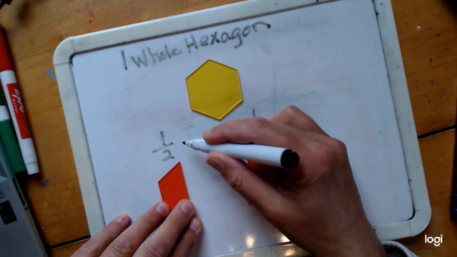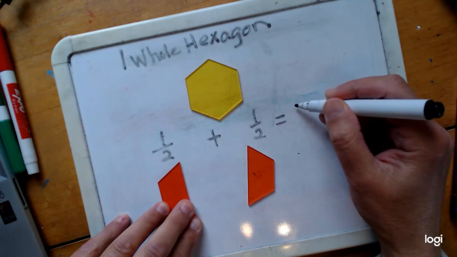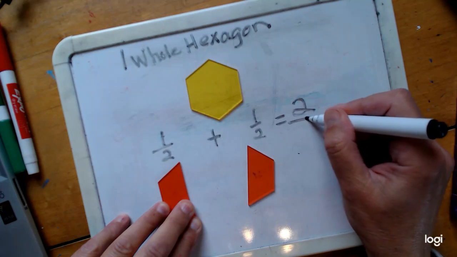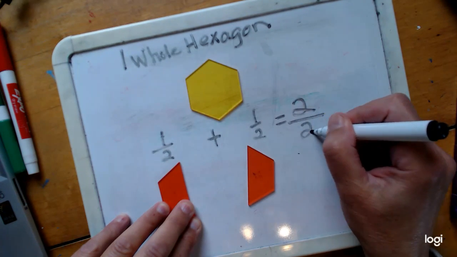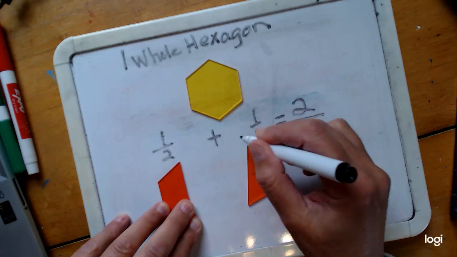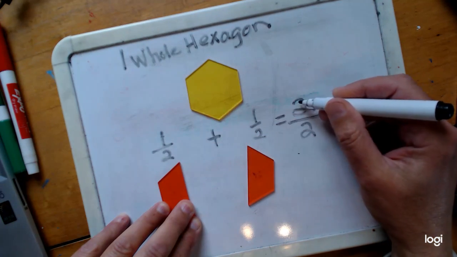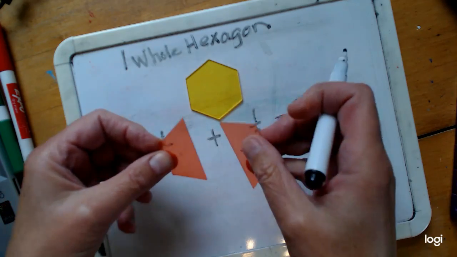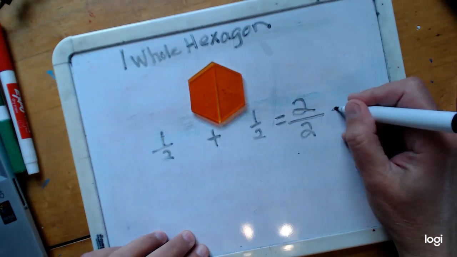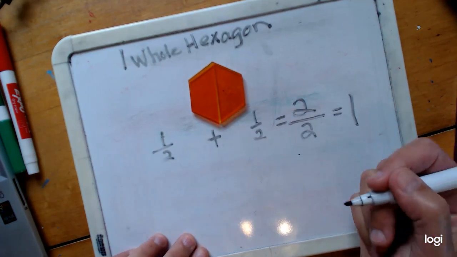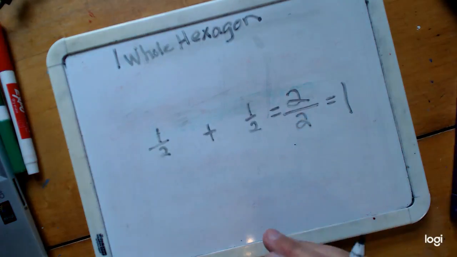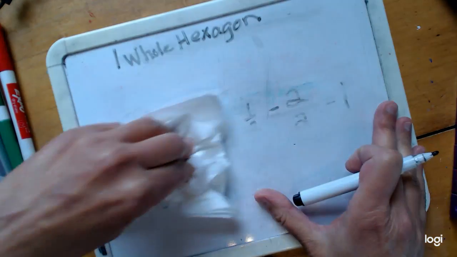So 1/2 plus 1/2 equals 2 halves. It's not 2/4. It's 2 halves. And guess what? 2 halves equals 1. You're going to want to know that later on for math, and it'll make your life a lot easier.